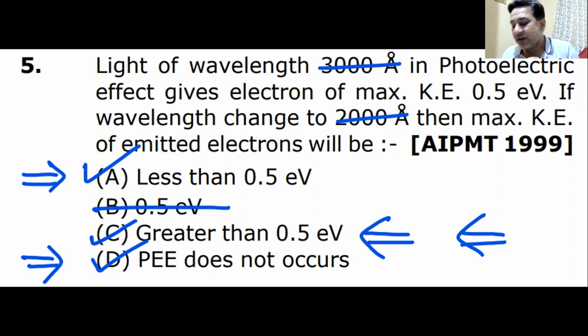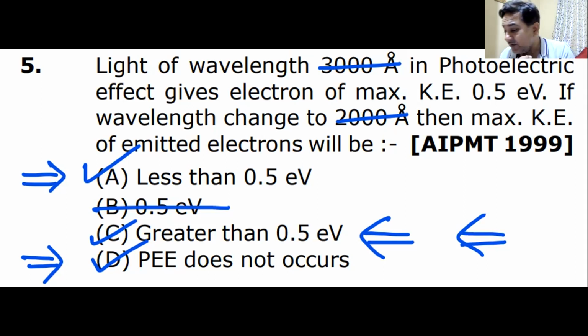The only problem will come when the question is on wavelength and the wavelength increases, because now there are two options which are possible. What are those two options? Option A, less, or option D, photoelectric effect does not happen.